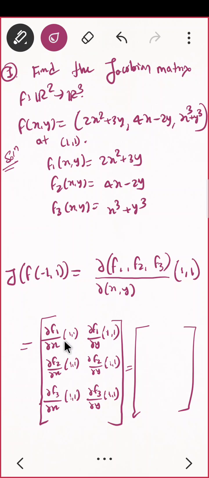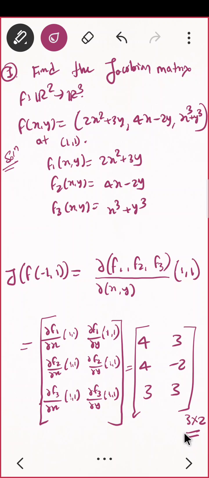What is this? Dou f1 by dou x is 4x, so it will be 4. Here with respect to y, this will be 3. Here it will be 4. Here, -2. With respect to x it will be 3x square, so it will be 3. With respect to y it will be 3y square, 3. Correct? So this is the matrix, this is Jacobian matrix of order 3 cross 2.